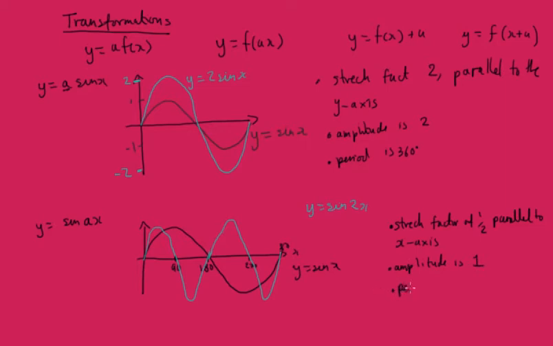But the period is now 180. So for y equals sine 2x, the period has halved because the stretch factor is a half parallel to the x-axis. So one period is half of what it was previously. So we've got 2 cycles with our y equals sine 2x for our one cycle of the y equals sine x.